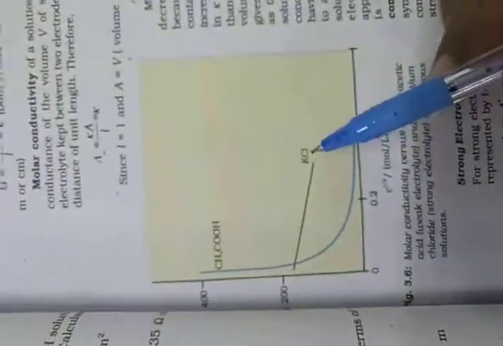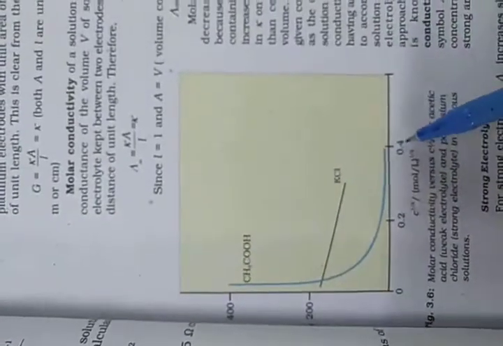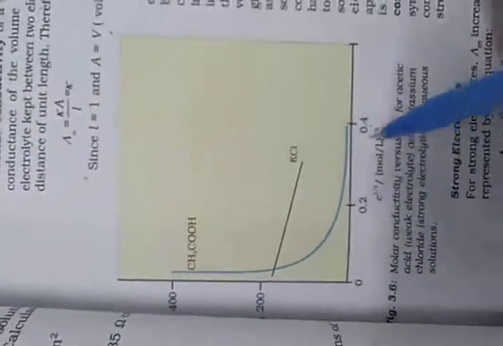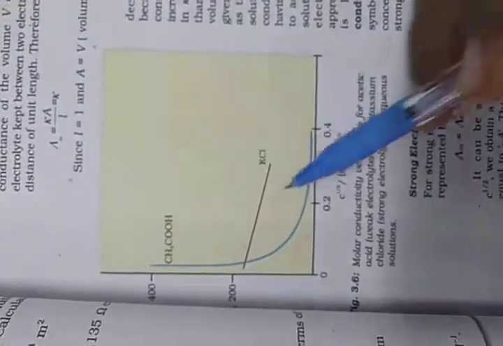In this diagram, KCl is a strong electrolyte, so it comes as a straight line, and for the weak electrolyte the plotting of the graph is different; I will show you afterwards. So in 3.6 you can note both. Now we will study one by one what this graph is. We have to explain with the help of strong electrolytes and weak electrolytes.